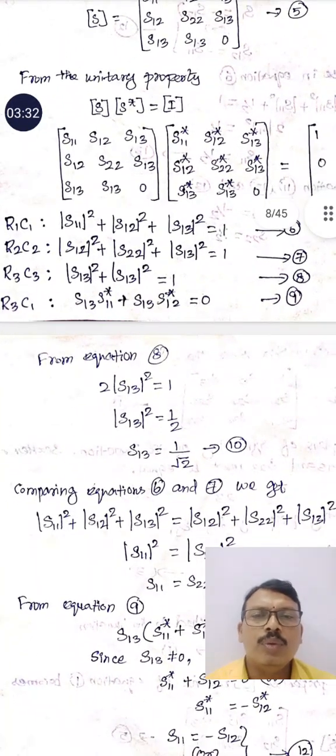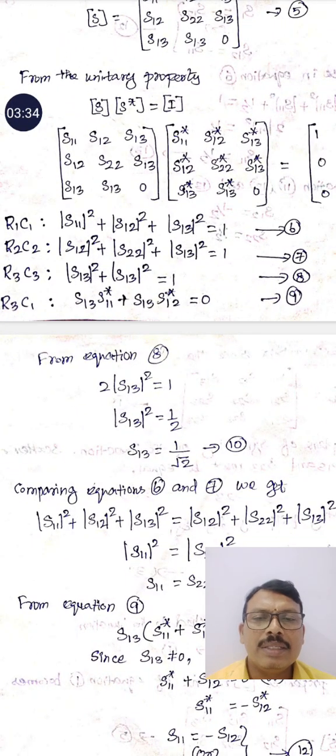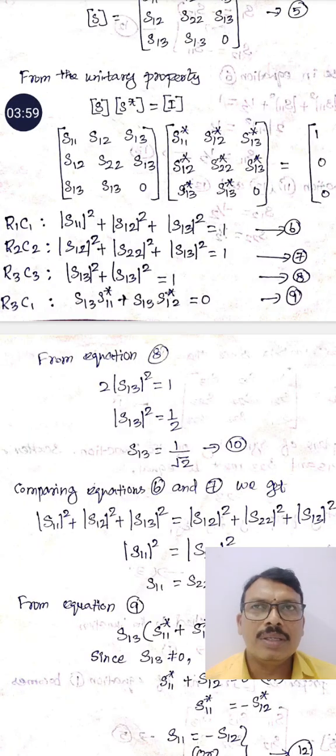From the above unitary property matrix, we can write the multiplication of row 1 and column 1, that is equal to the magnitude of S11 squared plus S12 squared plus S13 squared, which equals 1. Similarly, the multiplication of row 2 and column 2, then row 3 and column 3, are all equal to 1.